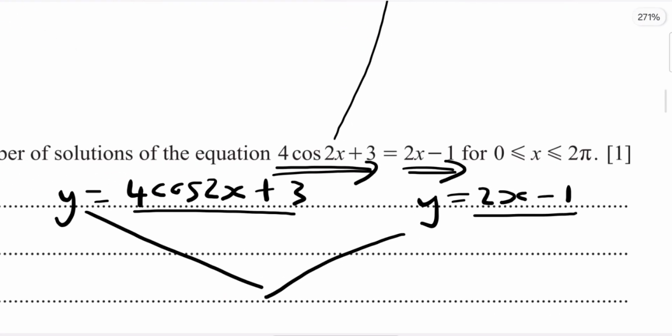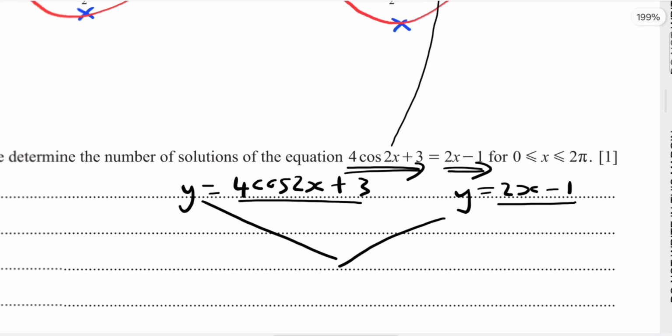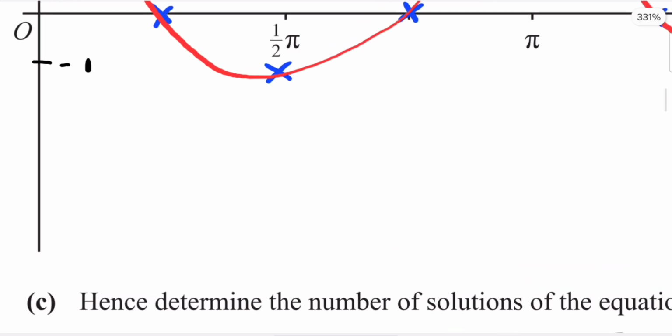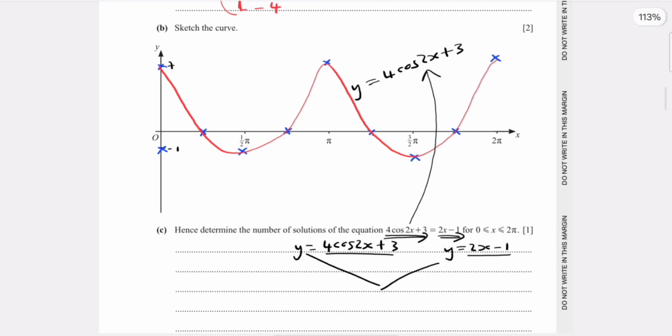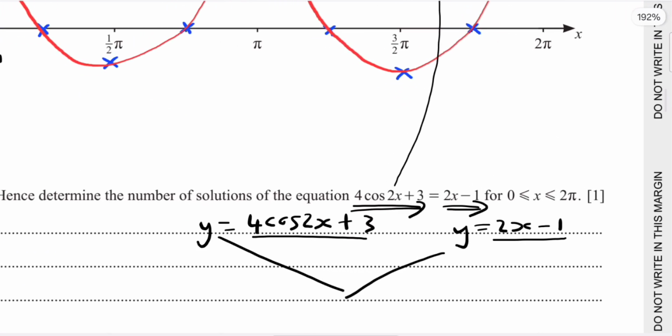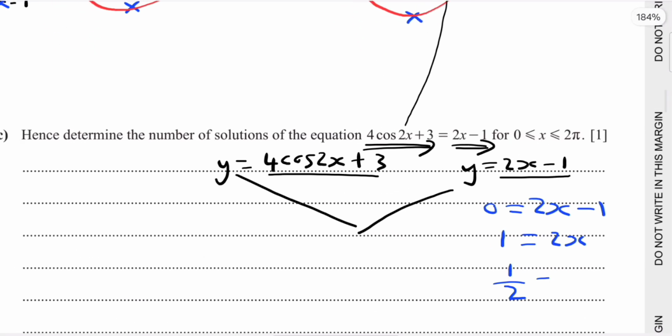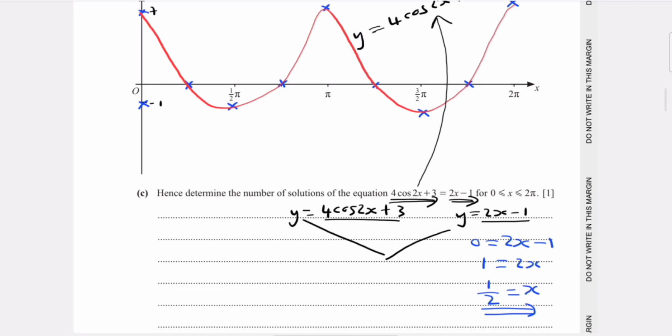So for y equals 2x minus 1, it crosses the y-axis at -1. So the y-intercept is -1. So it is a point here. Let me use a different color. It is a point there. Then it crosses the x-axis where y is 0, so 0 equals 2x minus 1. Then 1 equals 2x, 1 over 2 is equal to x. Right, so it crosses the x-axis at half.